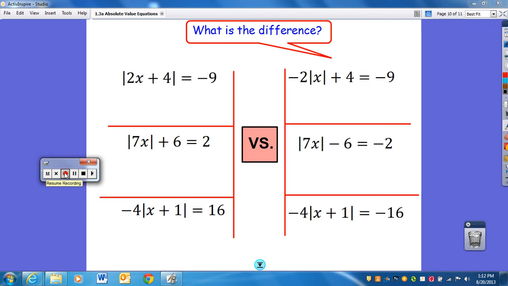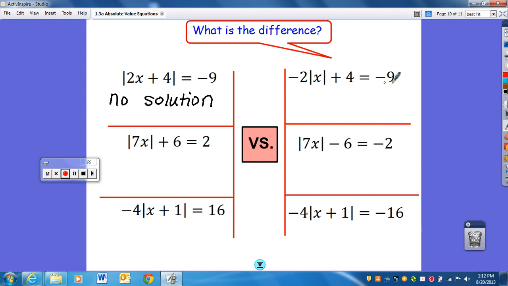Let's take a look at a couple of these problems. So I said the absolute value is equal to negative 9. This would be no solution because my absolute value needs to be positive. It's talking about distance. Well, what's the difference over here?